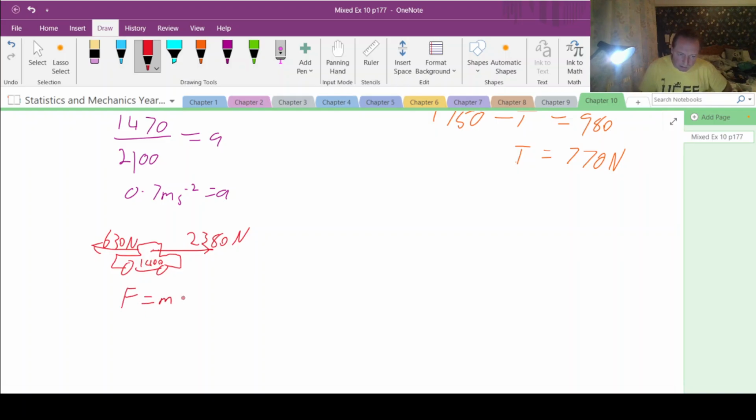So quickly do F equals ma again on this. 2,380 take away the 630 is equal to 1,400 times a.